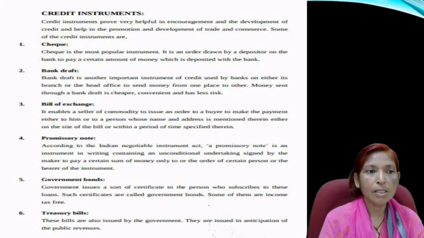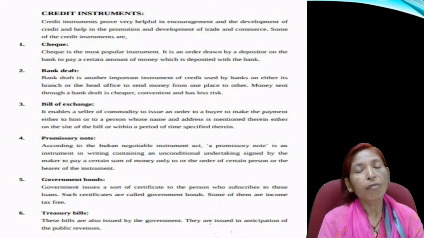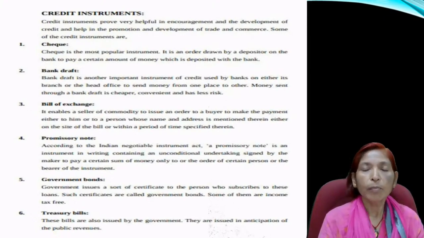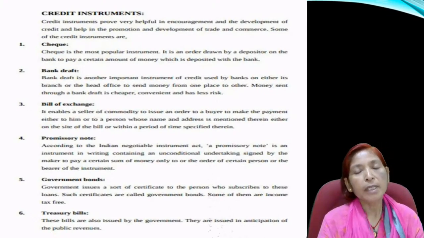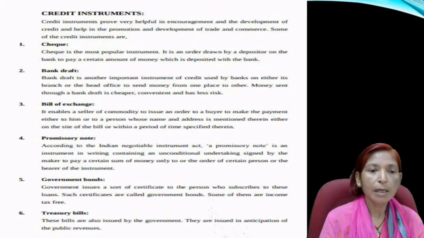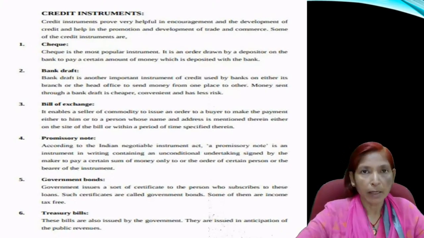And a bill of exchange enables a seller of a commodity to issue an order to a buyer to make the payment either to him or a person whose name and address is mentioned therein, either on the side of the bill or within a period of time which is specified therein.